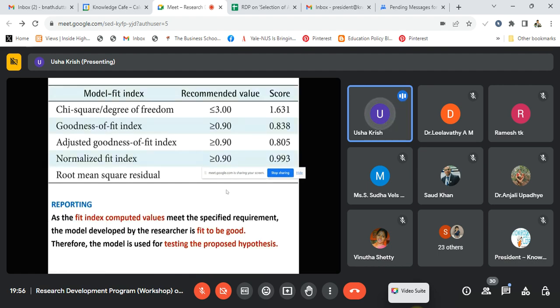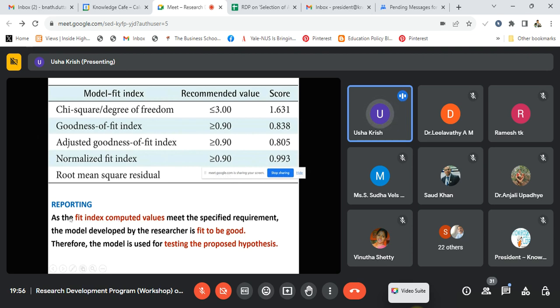This table is taken from one of the published articles in order to give you a clear picture regarding how to present the model fit index in the report, and also how to write the interpretation. So how the values are presented, I think it is clear to you.